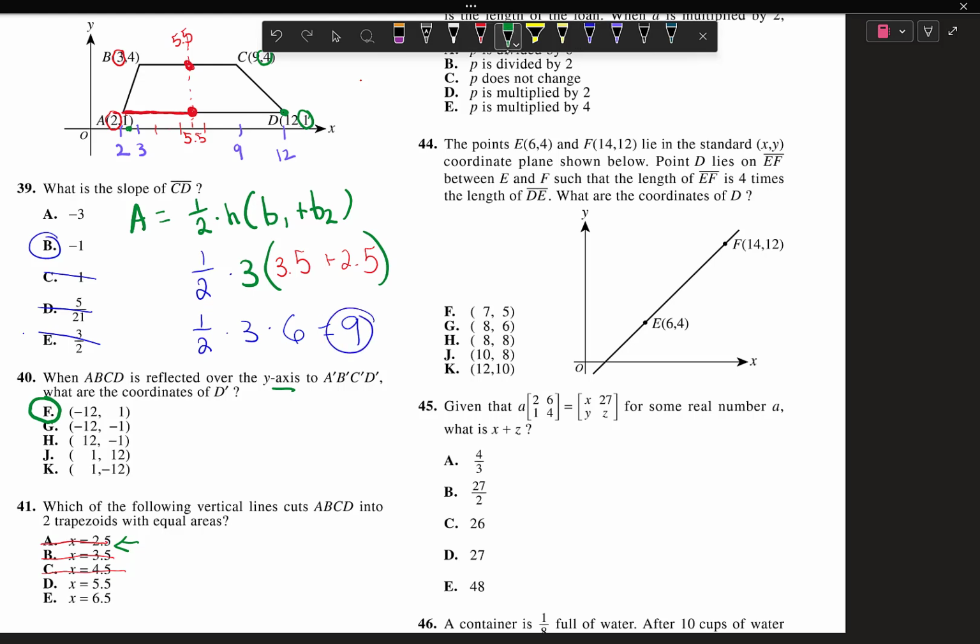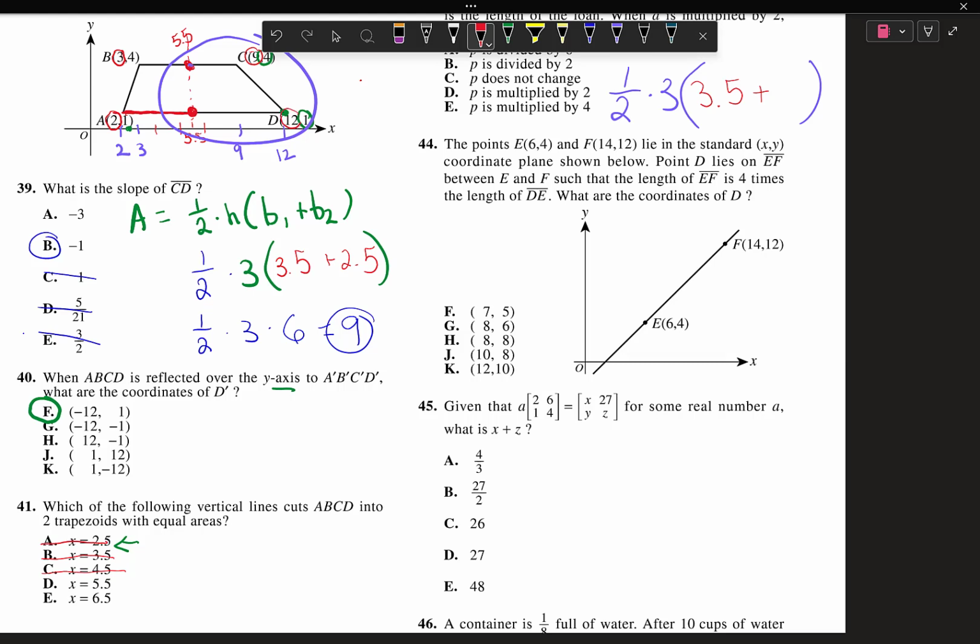So now let's check the right side. I'll do it over here. Again, the height is the same. The height is 3. The length of the base is the distance from 5.5 to 9. Well, 9 minus 5.5 is 3.5.